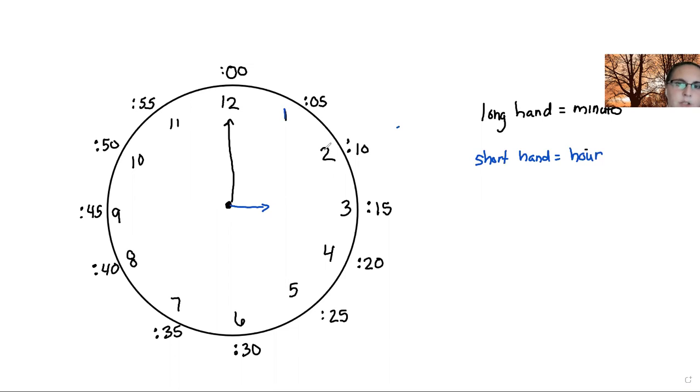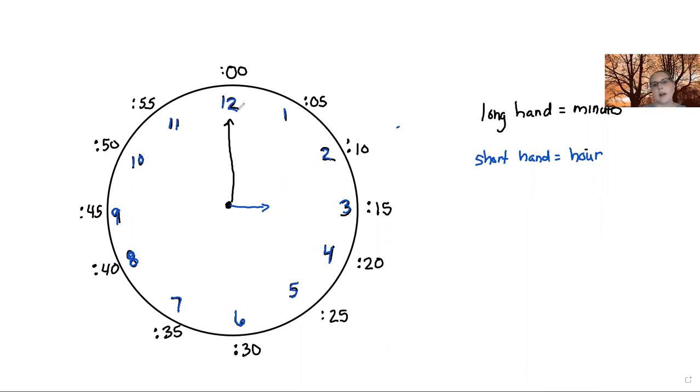And my hours I'm going to change to being in blue. That way we can see that a little bit better when we're talking about telling time. So the inside number, the one in blue, is going to tell us the hour. The outside number is going to give us a hint as to the number of minutes.